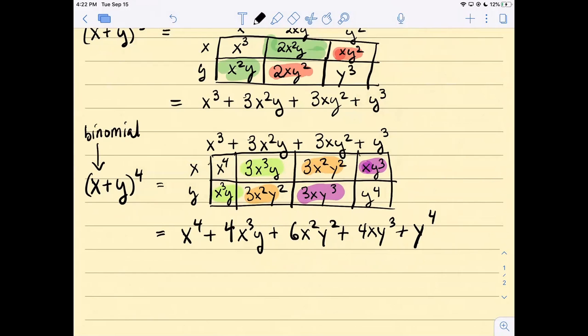And it's a binomial raised to a certain exponent. And when you expand the exponent, you get the binomial expansion. This is the binomial expansion. It just means FOILing powers of x plus y.